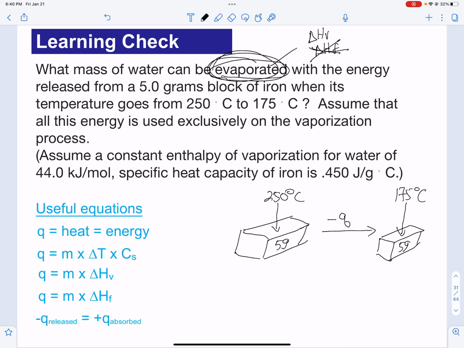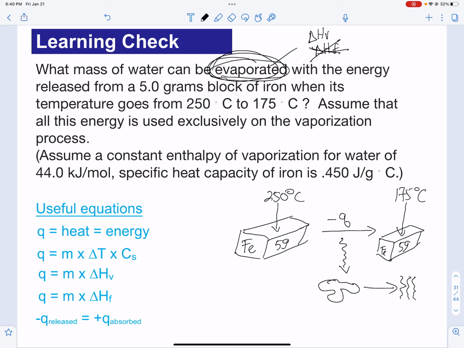I have a block of iron at 250 degrees Celsius. It's going to be losing energy, and its temperature is going to go to 175. And the question is, if all that energy that comes out goes into a water to vaporize it, how much water can I evaporate?